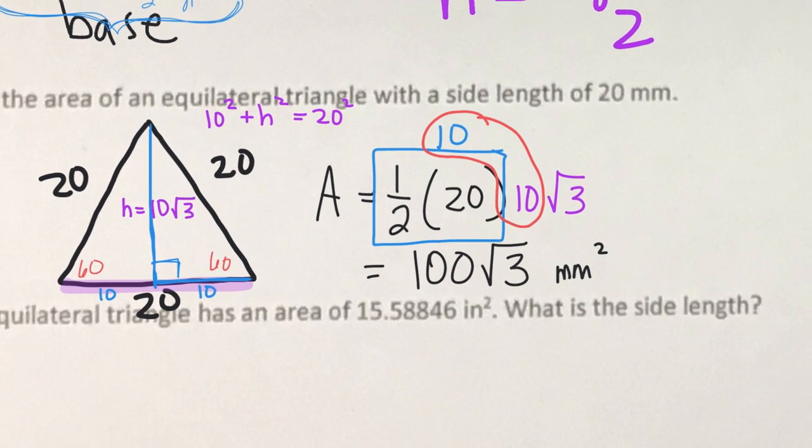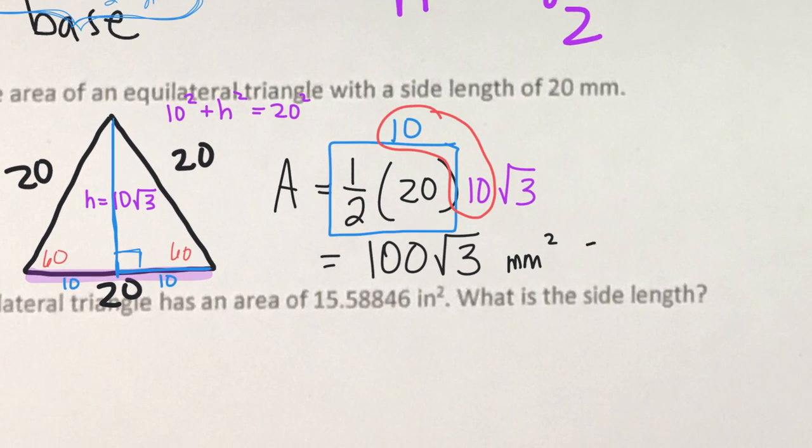Okay, which is probably not what you see if you use a calculator, but that's the exact answer. Because once you put root 3 in your calculator, now we have done an approximation. So let's see what your calculator says about 100 times the square root of 3. 173.205 square millimeters.